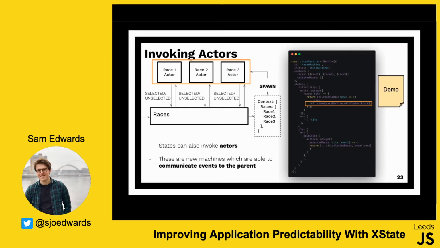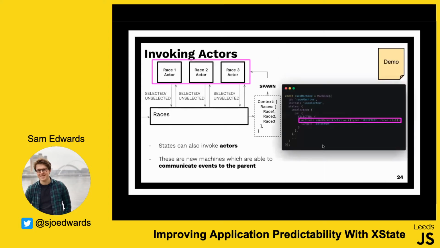And then we can talk to the parent and say, okay, send this information to the parent and do something with it. So in this case, we've got this races machine, which when it receives the action of selected, will add a race to an array. But you can see that each individual machine has an action of when you click it, it will send a message to the parent. And so that communication goes 2 ways.